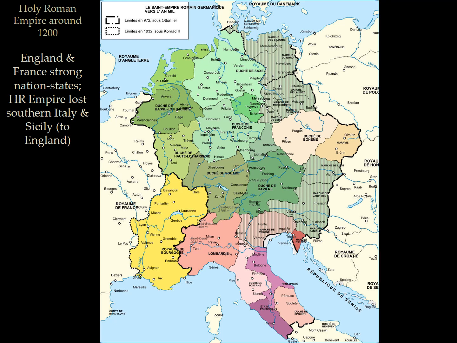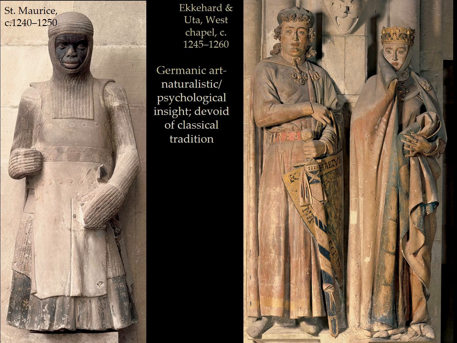So it's at this time that they lose control over Italy, they lose control over Sicily to England, and we see the decline in German power. Now, the emperors, again, only have nominal authority over these independent principalities, and this is further fragmented by the events of the latter half.